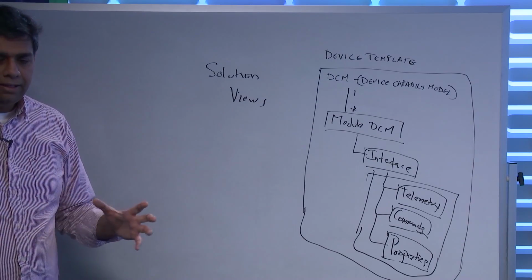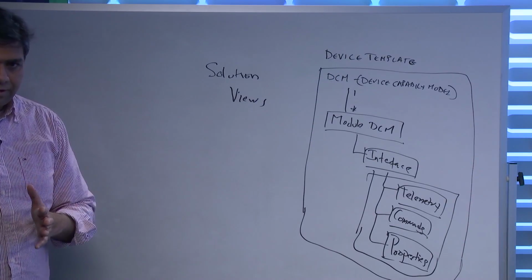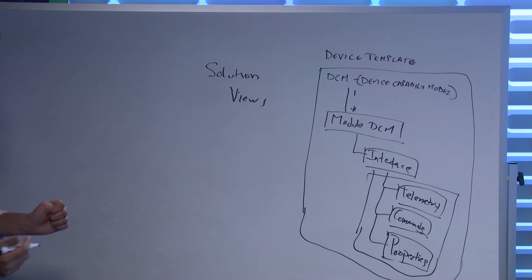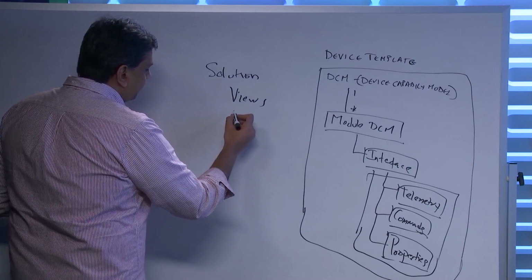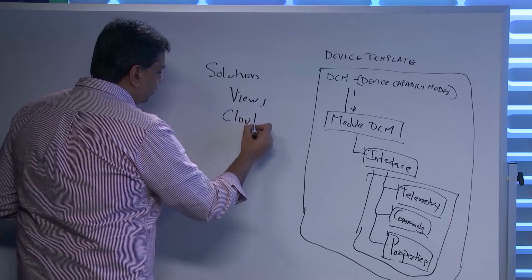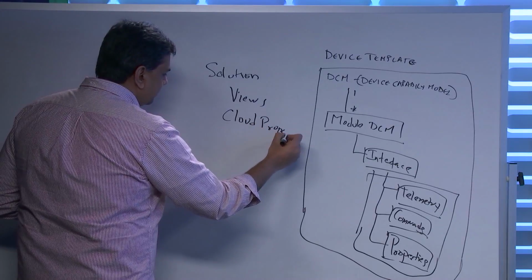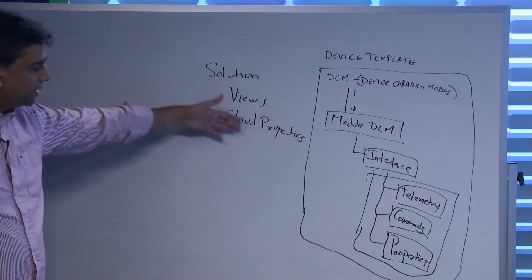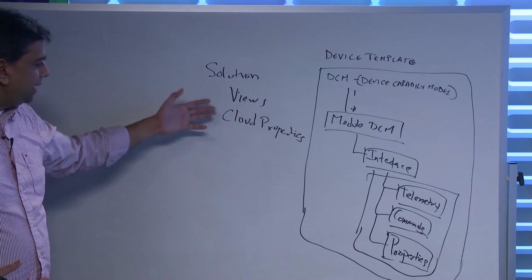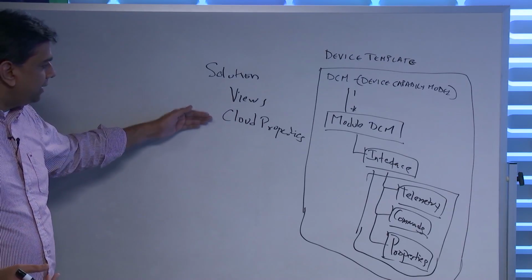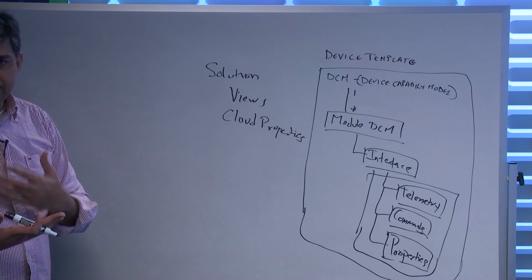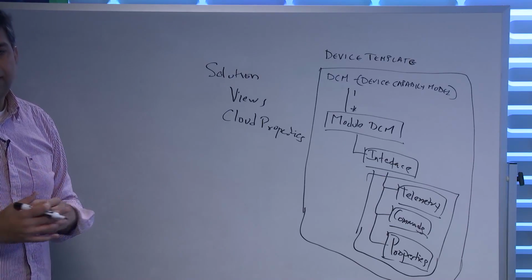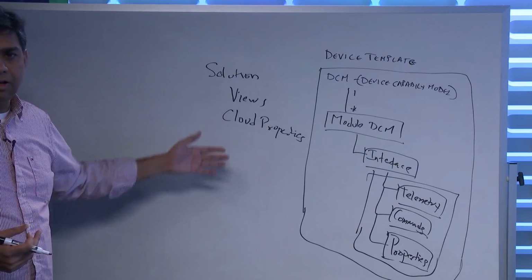If you have any properties which you want to extend from the device, which are not coming from the device, you create something called cloud properties, and then you extend them. So you create forms. You can actually do data entry in the cloud, and then as telemetry is coming in, you attach or augment that telemetry with these cloud properties.